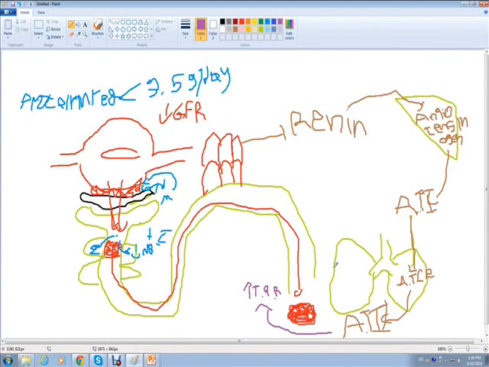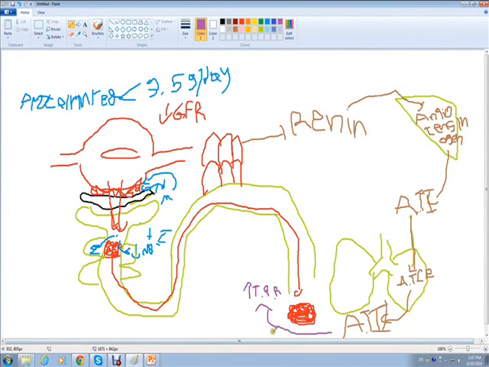This constriction of the arterioles will cause the ventricles to have to produce more force in order to push the blood through. So due to this, our diastolic blood pressure will increase. Total peripheral resistance affects the diastolic blood pressure, so it will increase.